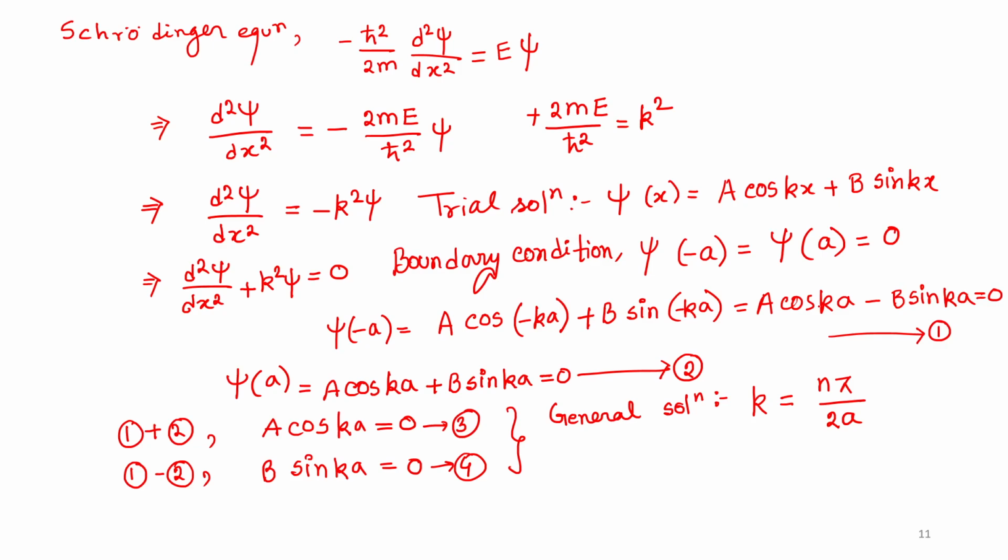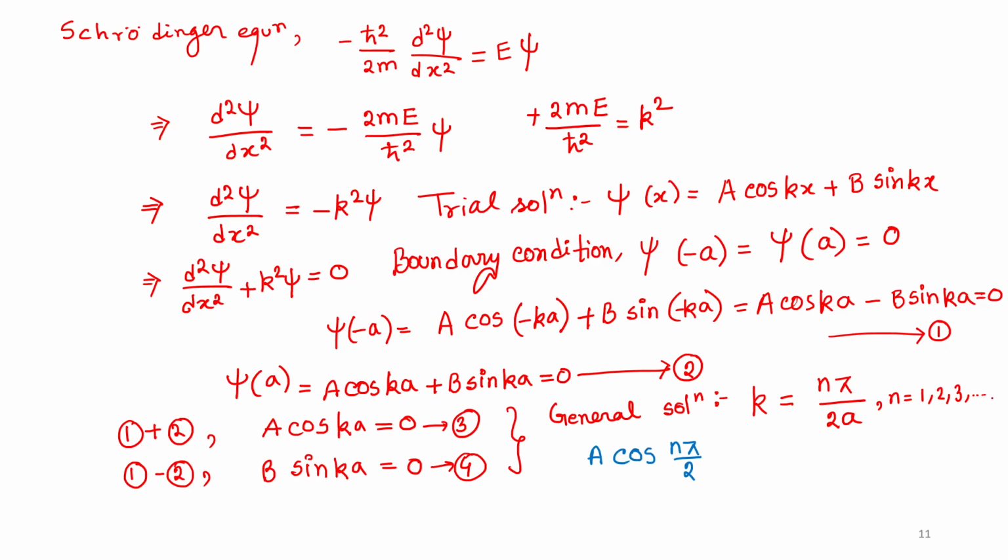Why so? See, if you put the value in equation 3, I will write it in a different color maybe, it will help. So A cos, now I am taking the value of k here, so it would be n pi by 2, where obviously n is 1, 2, 3.